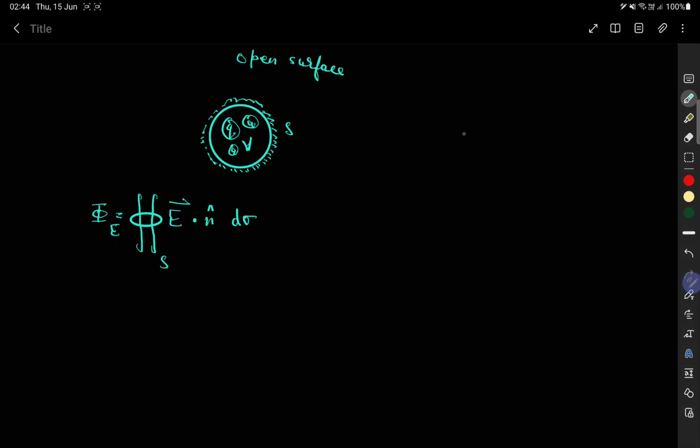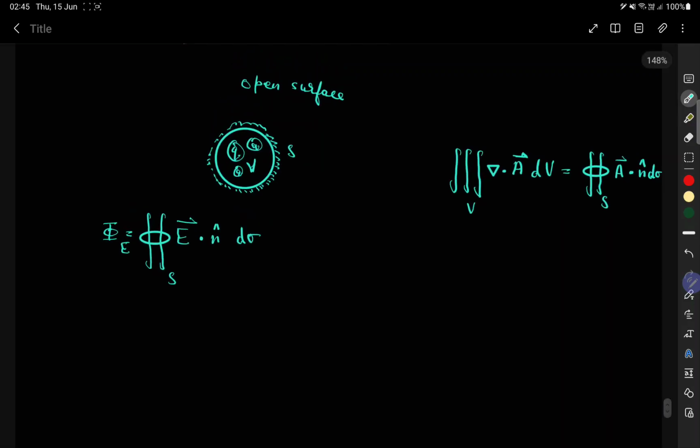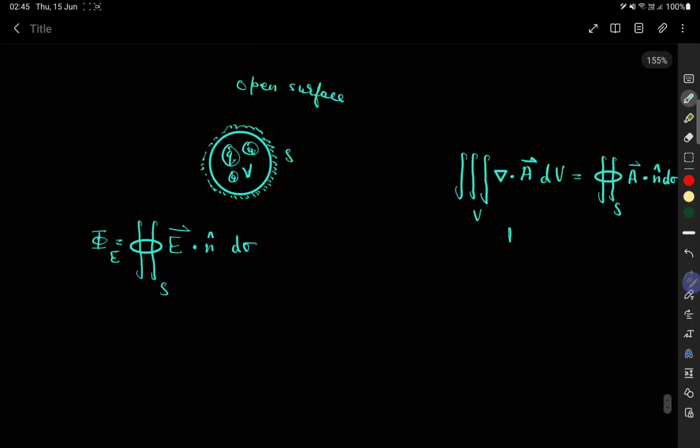You may remember from the divergence theorem that the triple integral over a given volume V of the divergence of some vector, I'll call it A for now because I'm using E here, or an F as well, should equal the surface integral over the surface of that given volume of A dot the normal vector of that surface d sigma. That is just the divergence theorem.